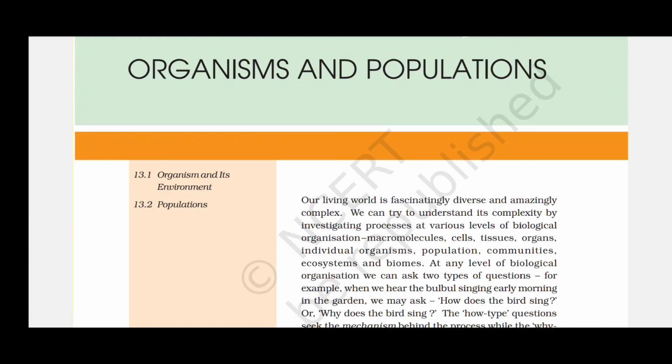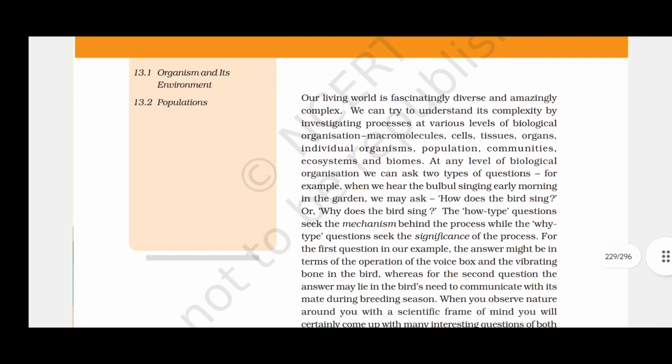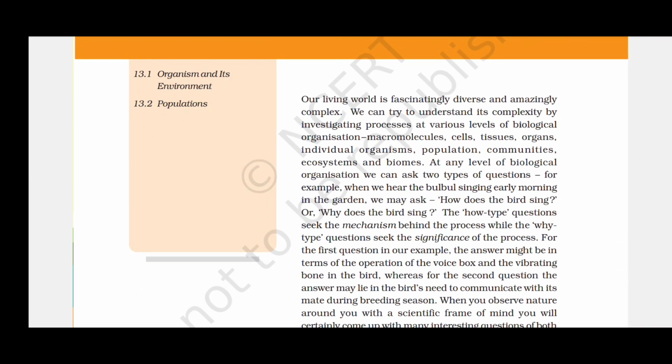At any level of biological organization, we can ask two types of questions. For example, when we hear the bulbul singing early morning in the garden, we may ask, how does the bird sing? Or, why does the bird sing? The how type question seeks the mechanism behind the process, while why type questions seek the significance of the process.